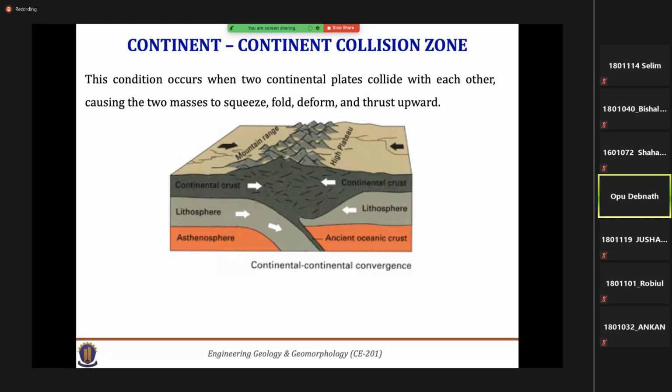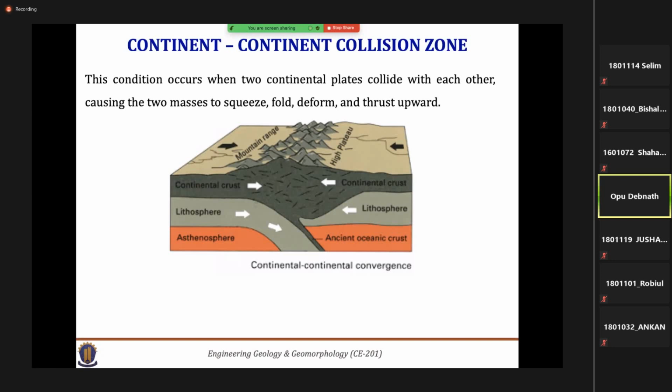While such collisions occur, these soft overlying layers move towards one another, and at the collision line, the masses are squeezed. That means two flexible, soft solid masses are squeezed against one another, and they fold, deform, and are thrust upward.